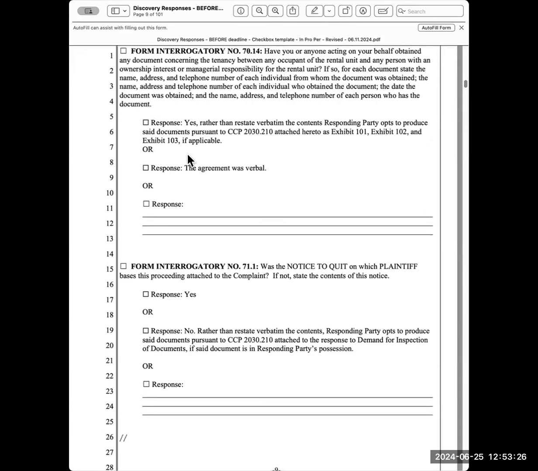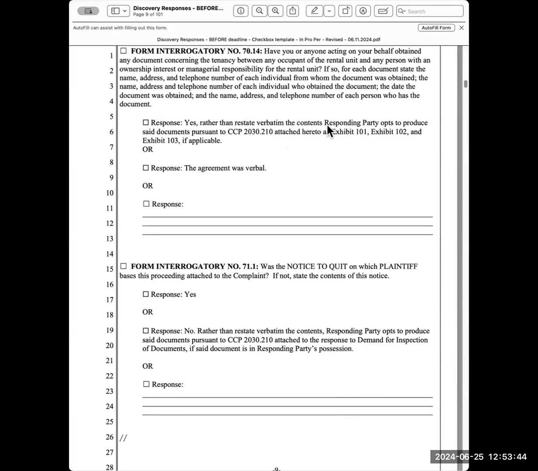Once again, this is about the rental agreement and any changes made to that agreement that are tangible.